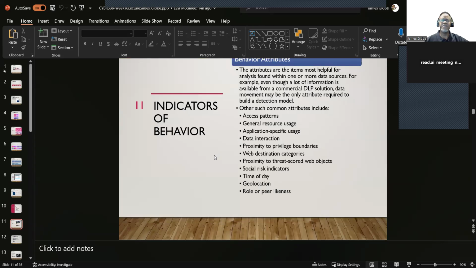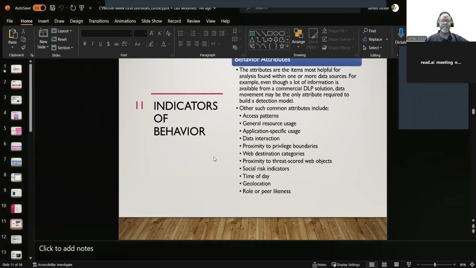Then you start to monitor the access pattern of users, resource usage, data interaction, web destination categories, social risk indicators, et cetera, where they're accessing the system from. And not only are they monitoring with the applications, but most companies are now starting to regularly monitor text messaging.